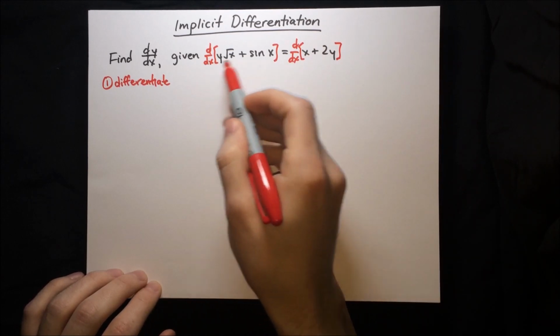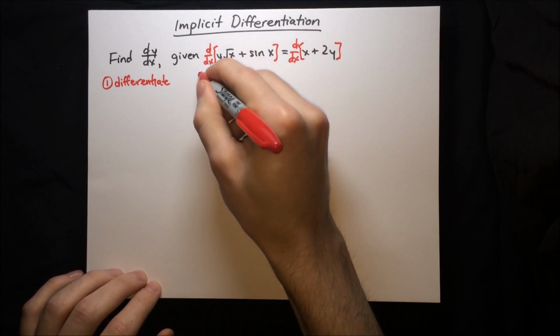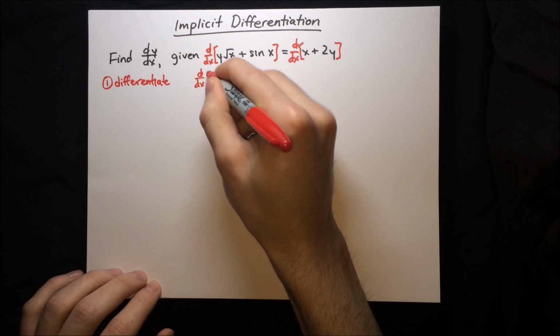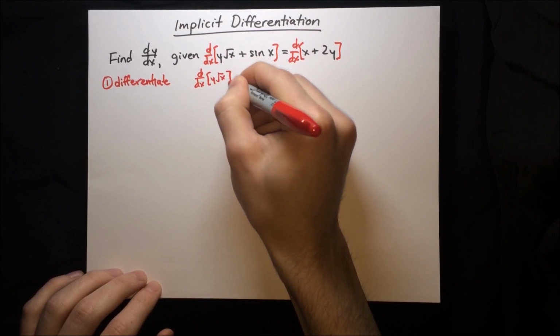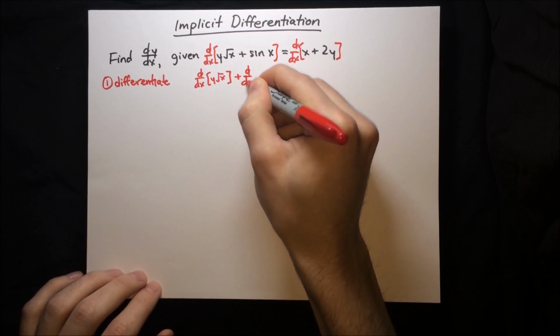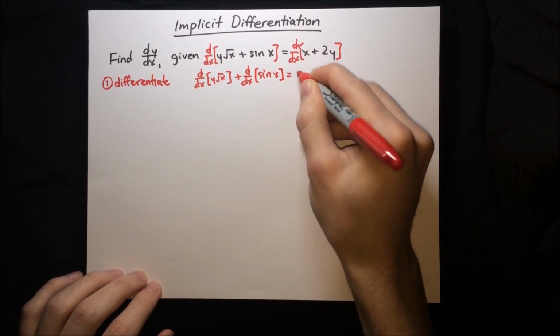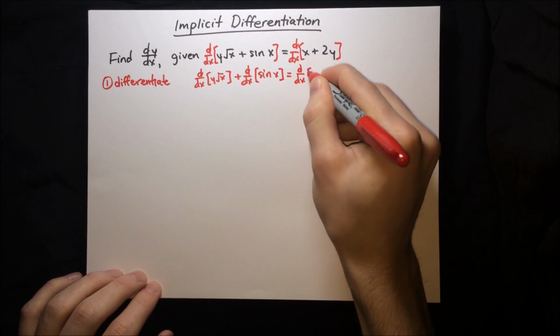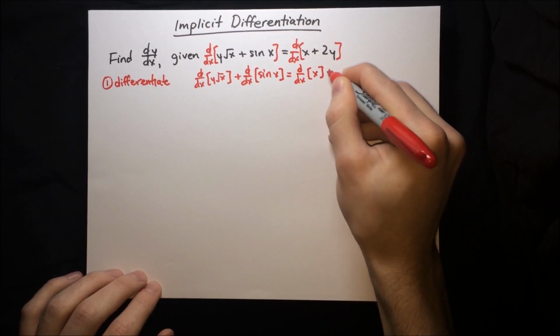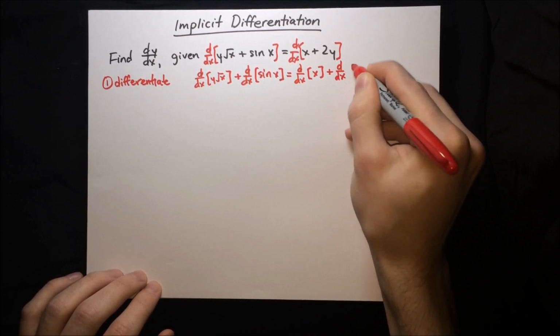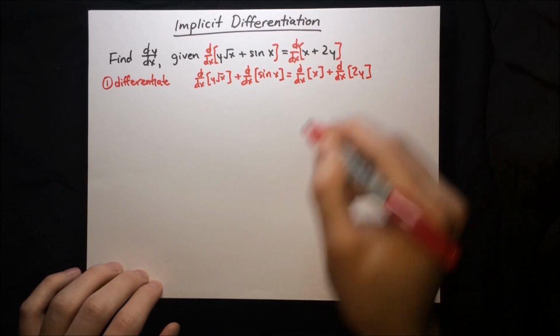And again, this derivative will distribute over the addition. So we've got d/dx of y root x plus d/dx of the other term, sine x. That is equal to d/dx of x plus d/dx of 2y.